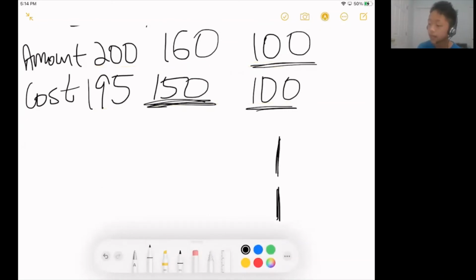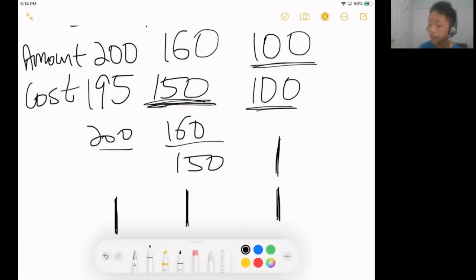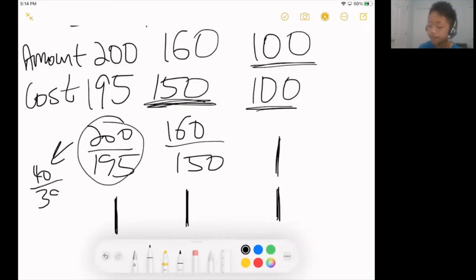For the medium size, with $1 we can buy 160 divided by 150 amount of detergent. And for the large size, we can buy 200 divided by 195. If we simplify, this would simplify down to 40 over 39, and this would simplify down to 16 over 15.